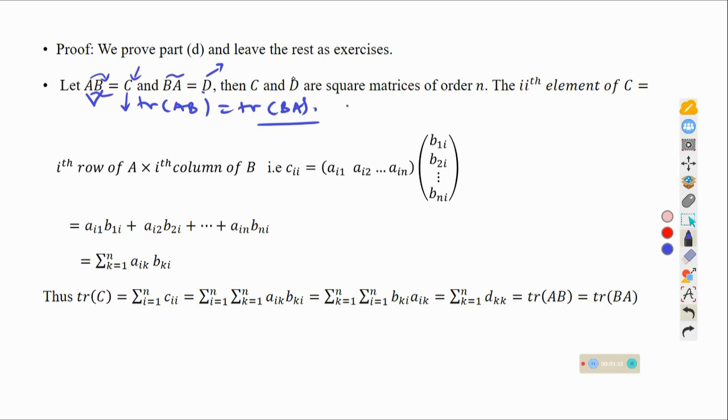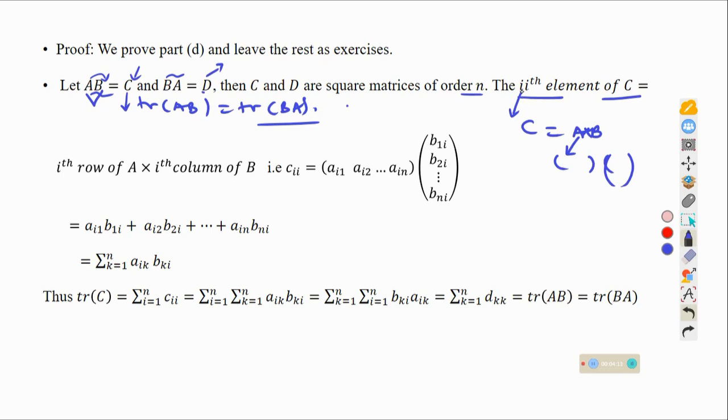If they all have the same order n, then let us look at the ith element of matrix C. Remember, C is the same as A times B. During multiplication, remember that you multiply row by column.